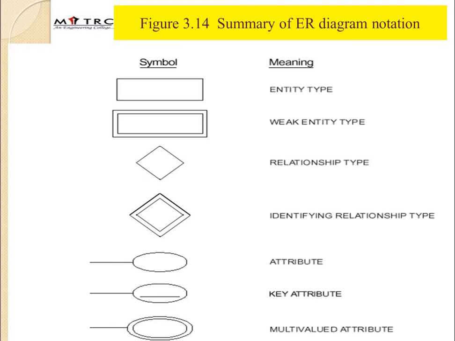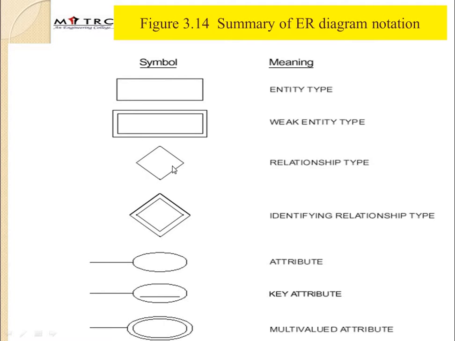Students, now if you look at the summary of the ER diagram, what we have seen is that this is the entity type symbol. This is the weak entity type symbol. Weak entity means it is represented by double rectangular lines.